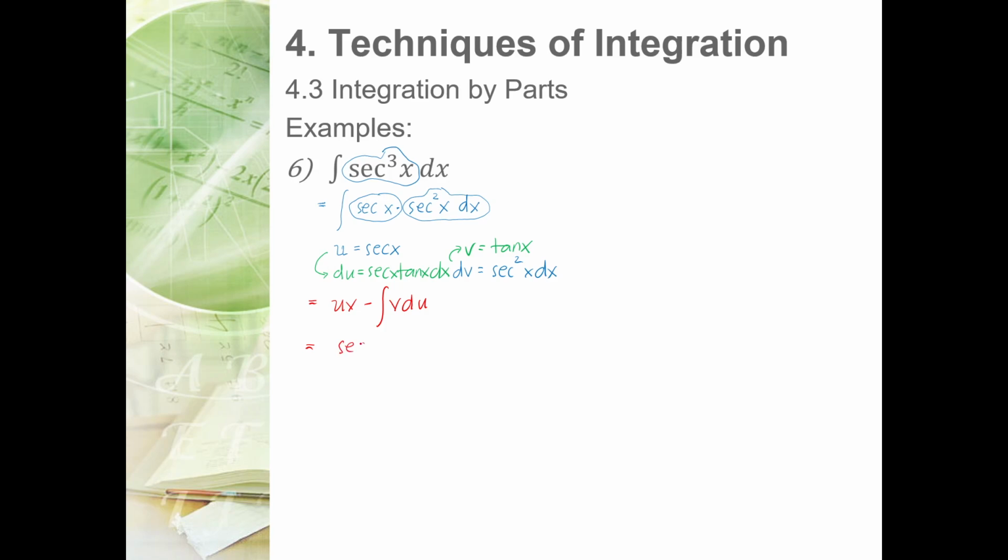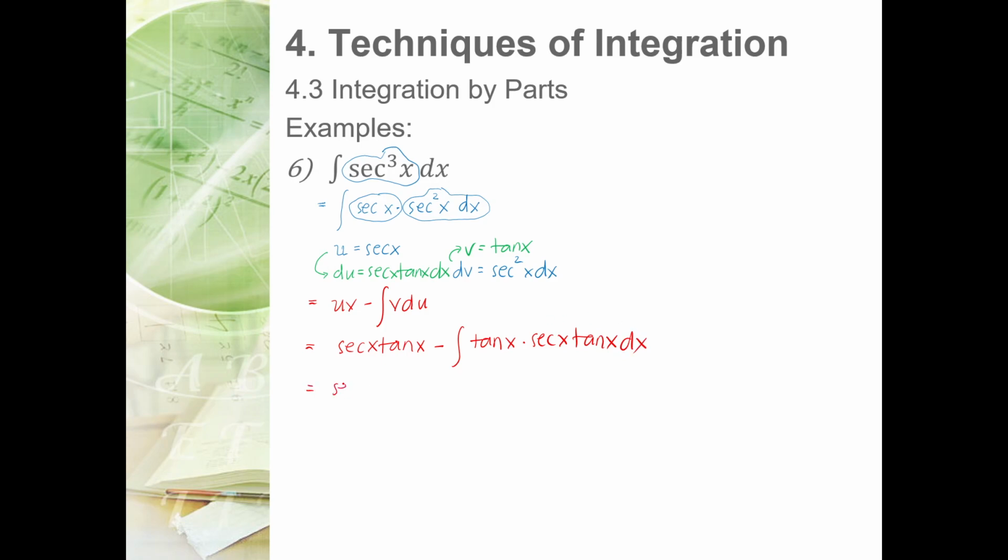So secant x tangent x minus tangent x multiplied by secant x tangent x dx.